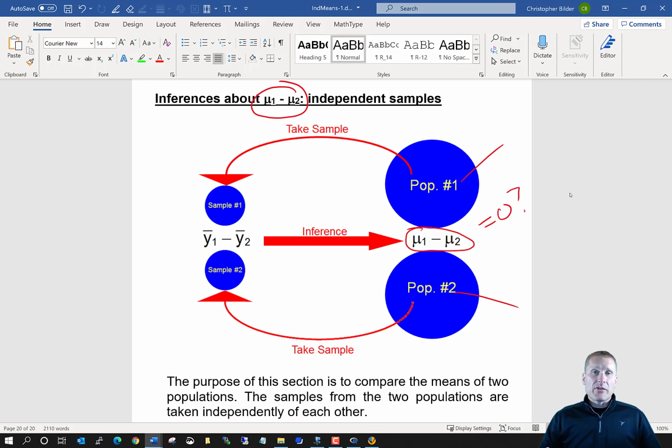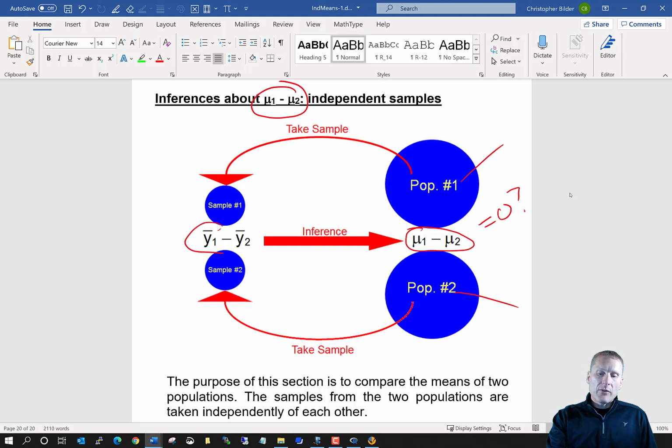Again, these populations might be difficult to get at in terms of the individual items in the population. So we take a representative sample from each population so that we have a more manageable set of data to look at. These samples are taken in a way so that they are independent of one another, meaning what I get from population 1 is not dependent upon what I get from population number 2, and vice versa.